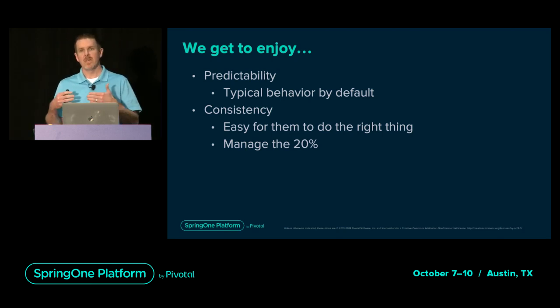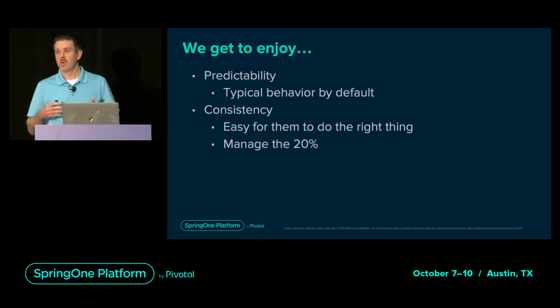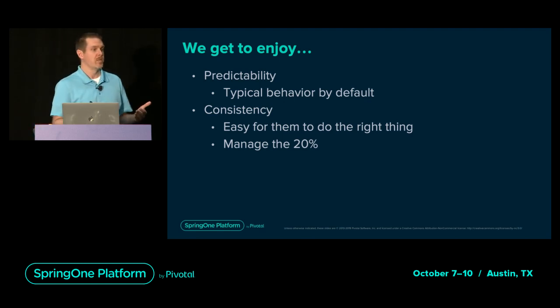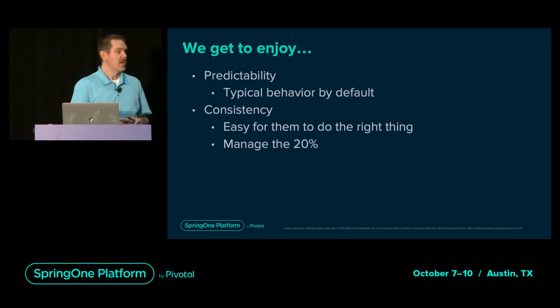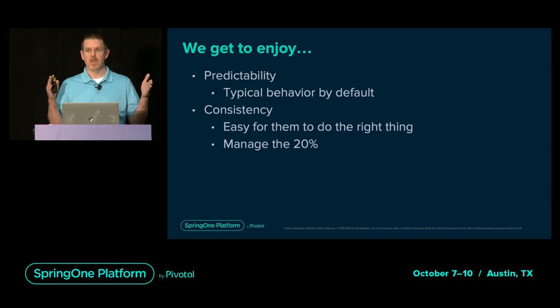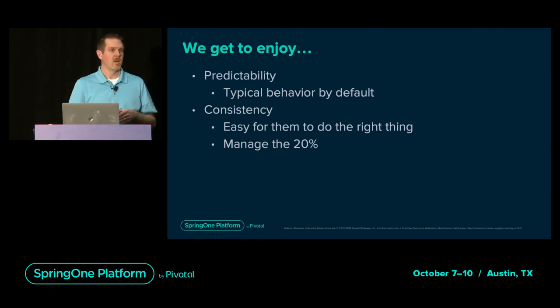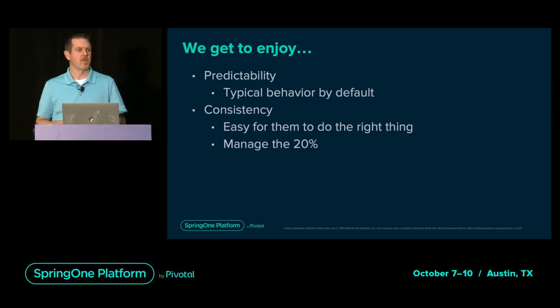And we're making it easy for them to do the right thing. So over time, we should get more of a consistent implementation, hopefully doing the right things. And even when it's the 20%, right, the exceptions to the standards, we can actually start to put some boundaries on that to keep them inside some guardrails to help keep the overall implementation more consistent.